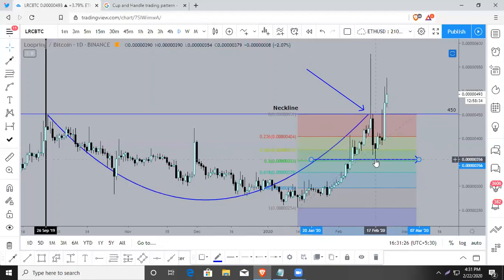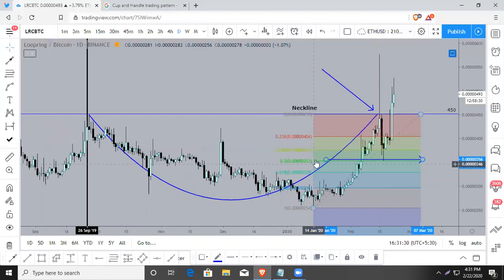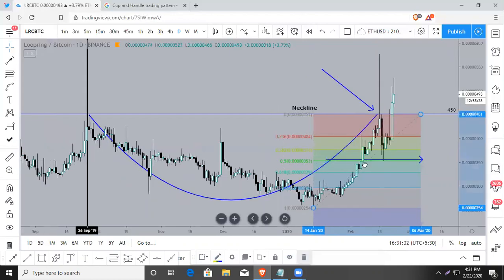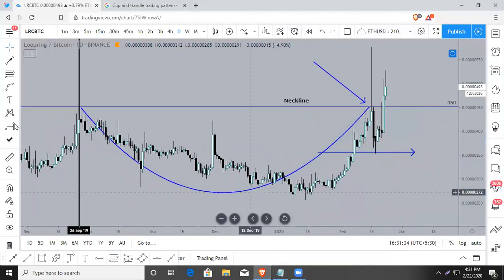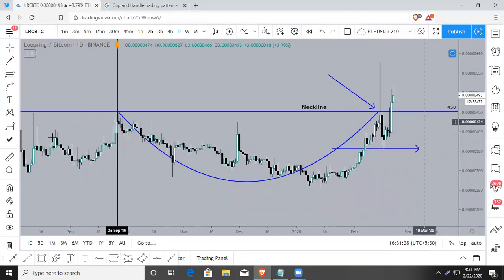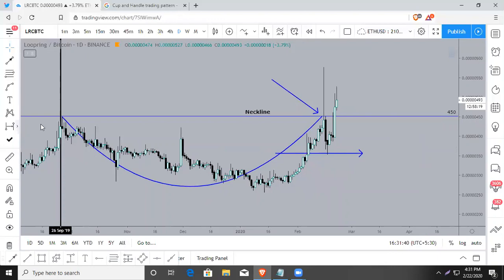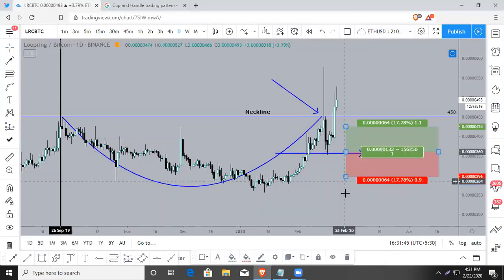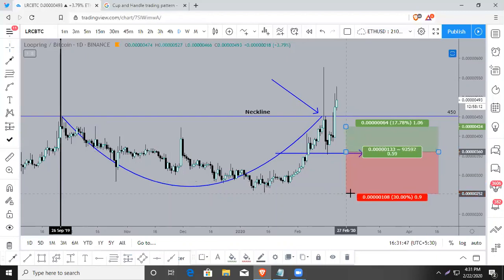And what would be my stop loss? The best stop loss is considered to be the bottom of this cup pattern, but that does not make a good risk reward, right? However, if you are sure of your pattern, you can keep it as low as possible. If you keep it very low, that is the best.